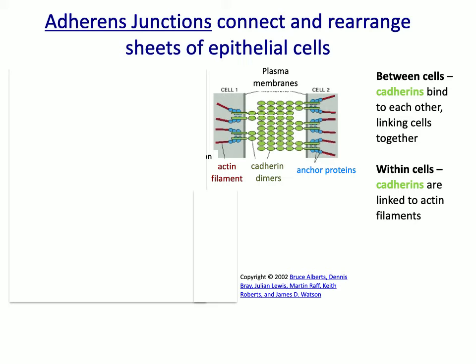Between cells, cadherin dimers bind to each other within that intracellular space. The cadherin proteins themselves cross the cell membranes and inside the cell bind to proteins which link them firmly to the actin filaments within the cells.